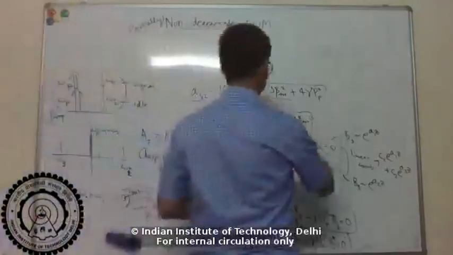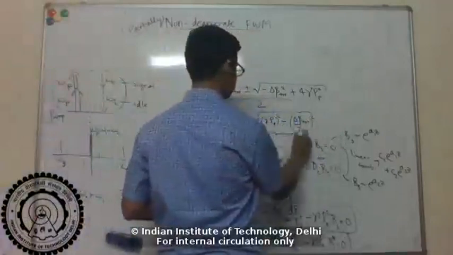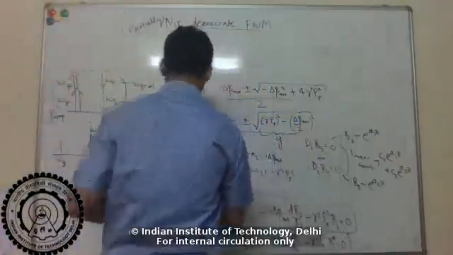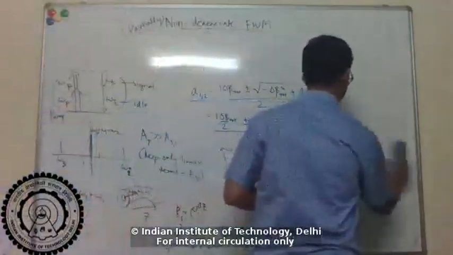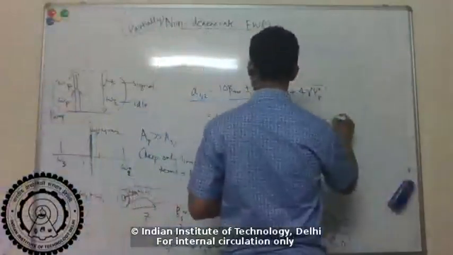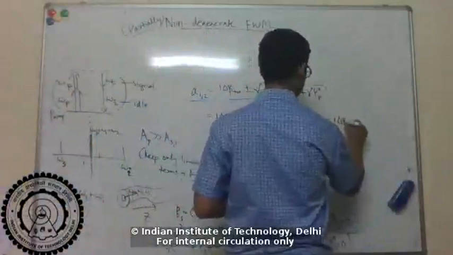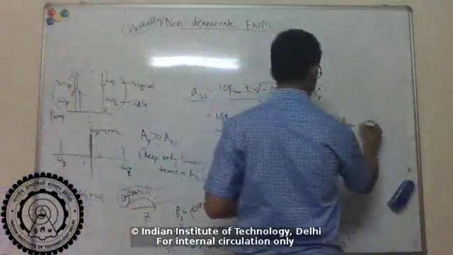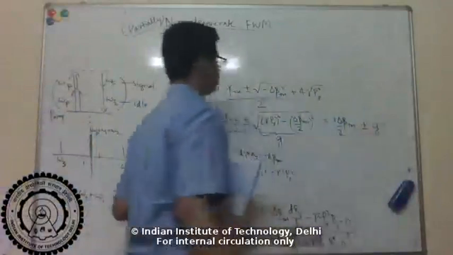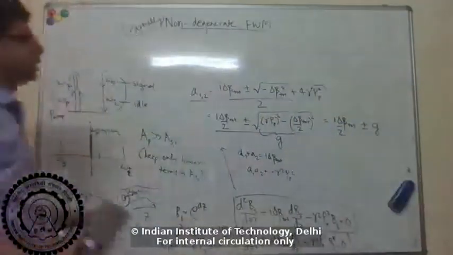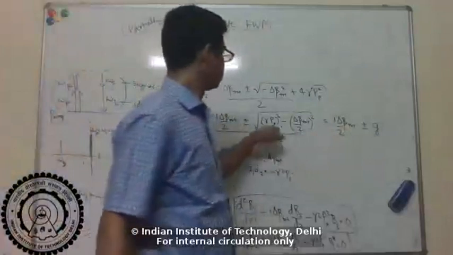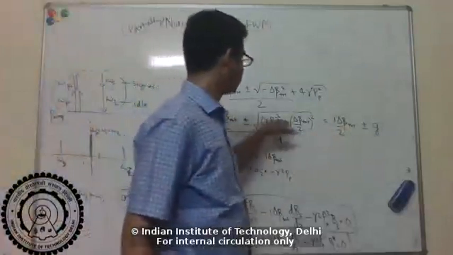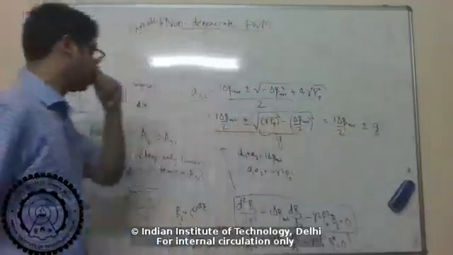Okay, so I denote this as G. And then write this as, okay. So this G is related to some gain factor. That's why it's called G. It's the square root of gamma p square minus delta beta square.